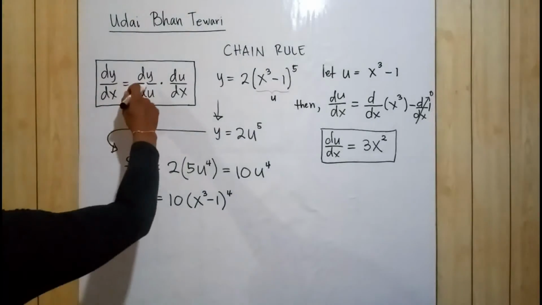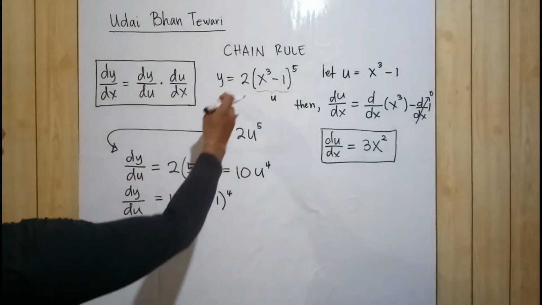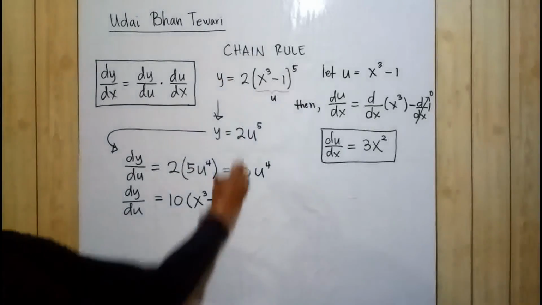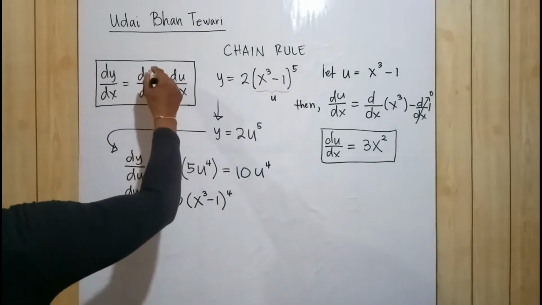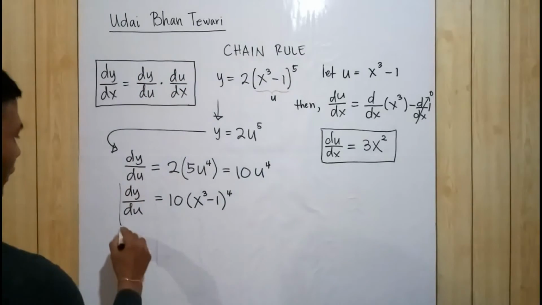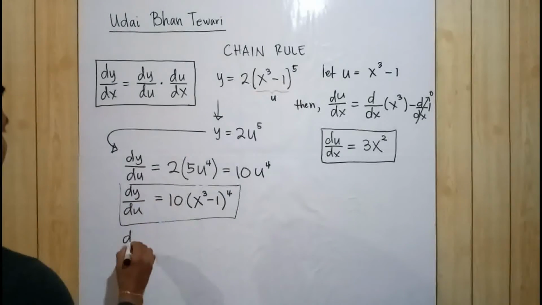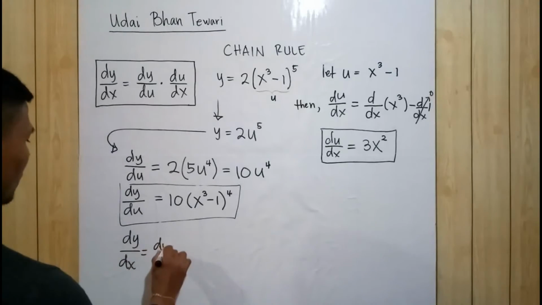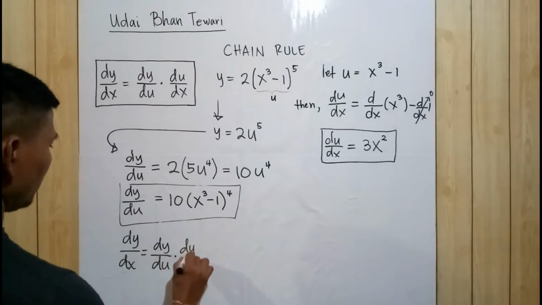Now, following the pattern of dy/dx, or the derivative of our original function in terms of x, we can now substitute the value that we obtained for dy/du. So we have dy/dx is equal to dy/du times du/dx.